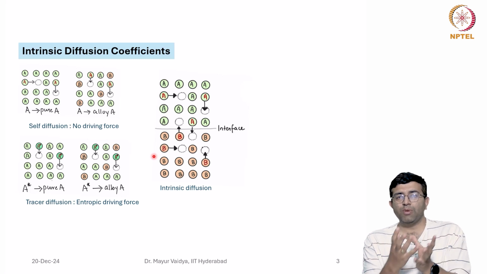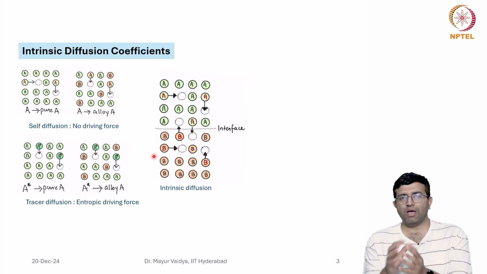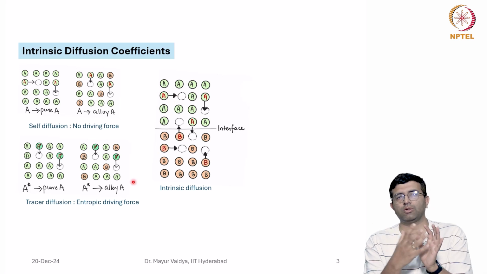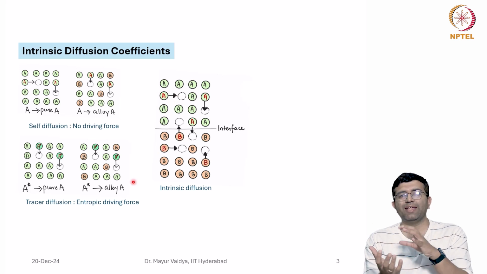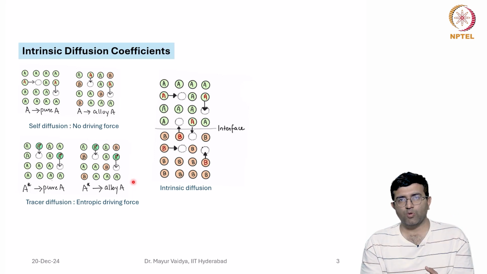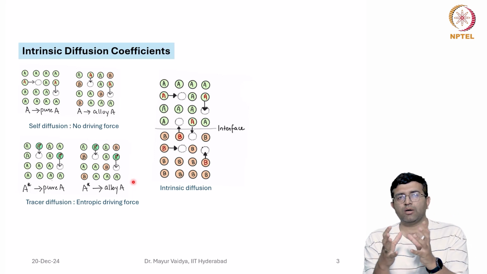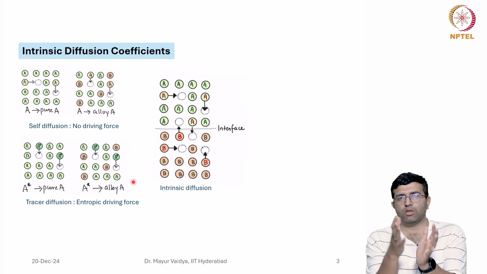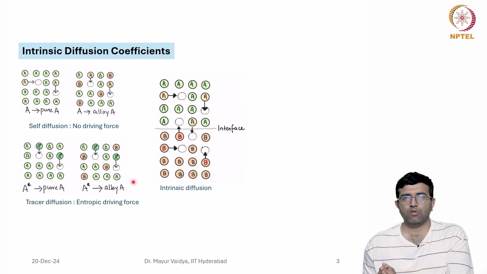Similarly, in atomic movement also, when you have a driving force present, the movement of A or the movement of B becomes different from when it was a purely random motion without any driving forces. So, this is the basic difference between self diffusion, tracer diffusion and intrinsic diffusion.